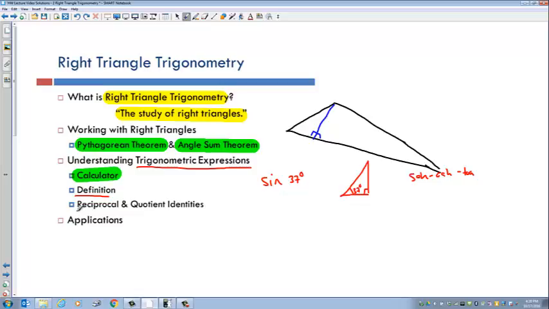We talked about these reciprocal and quotient identities. We're going to use a lot of those later. It's easy to remember them if you think about it. How do you know what the cosecant of theta is? This is a c, so it's opposite the letter, so that's 1 over sine of theta. And if you know this one, you get the secant of theta for free. It's equal to 1 over cosine of theta.